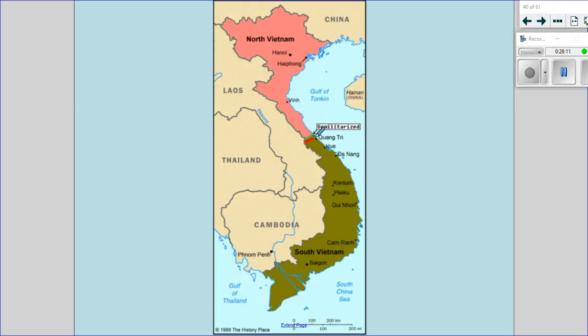Here you can see South Vietnam, North Vietnam. One of the major issues that the United States runs into is that the North Vietnamese were running supplies along the Ho Chi Minh Trail and other trade routes.